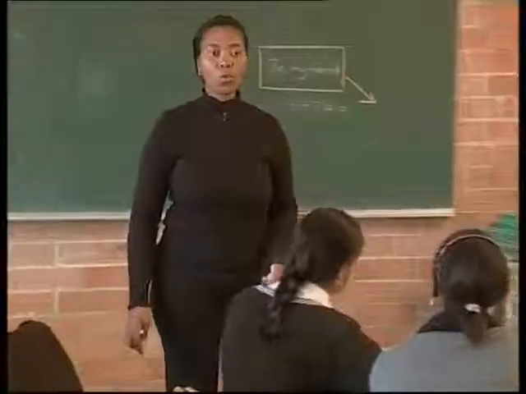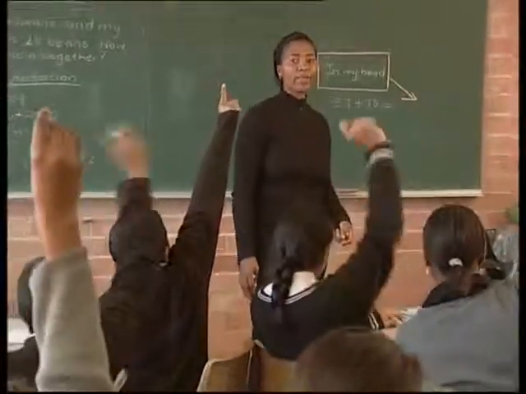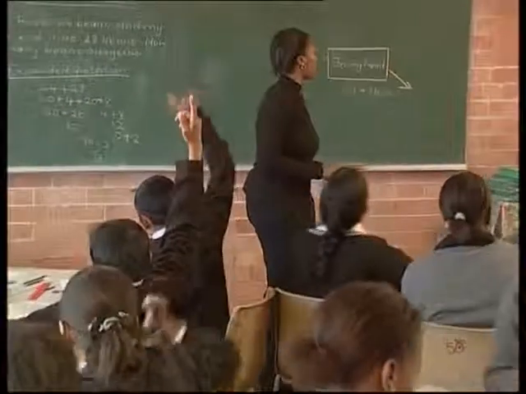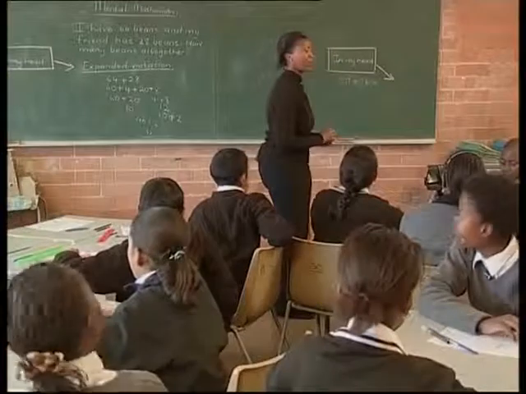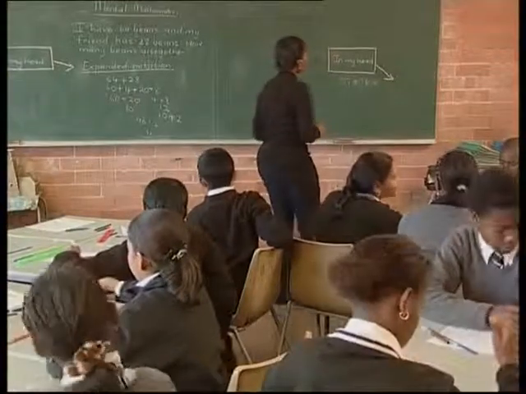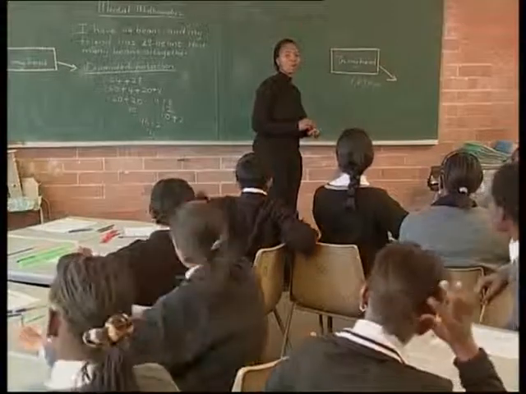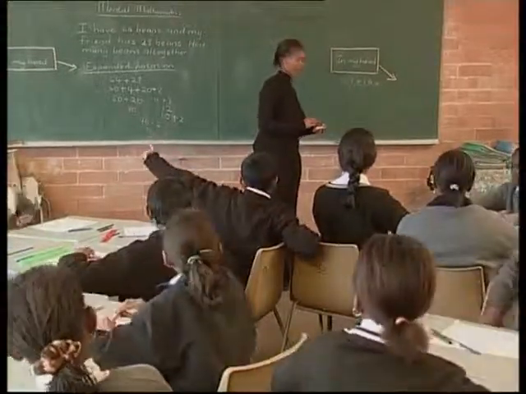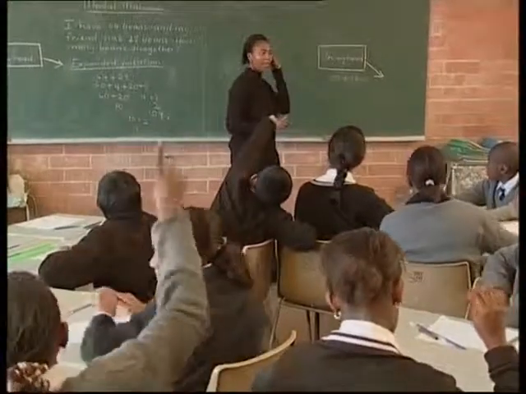Everybody is finished. So what is the answer? All of you? 133. Yes, that's good. It's 133. But I want to see how you got the answer. So let's do this sum together. So what was the first thing that went into your mind?